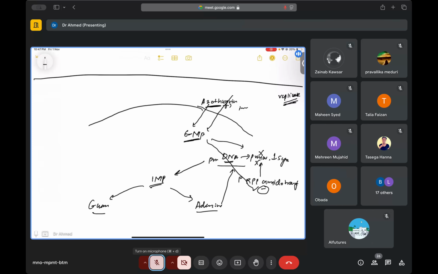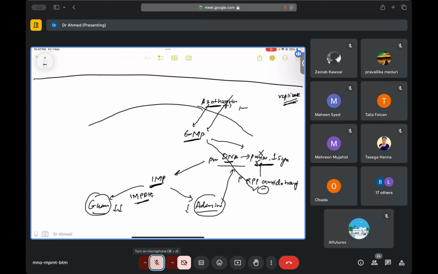So the levels of both adenine and guanine are going to be decreased if I am blocking the pathway somewhere here. In the IMP pathway, you have another enzyme, IMP dehydrogenase. What is IMP dehydrogenase going to do?